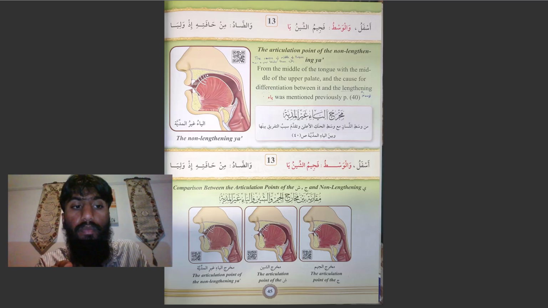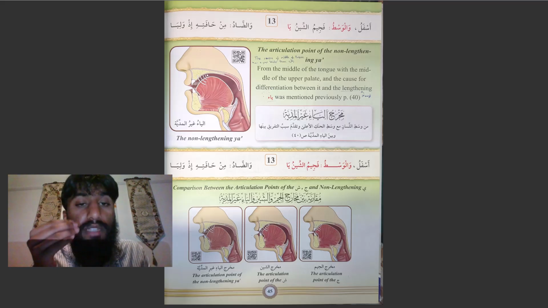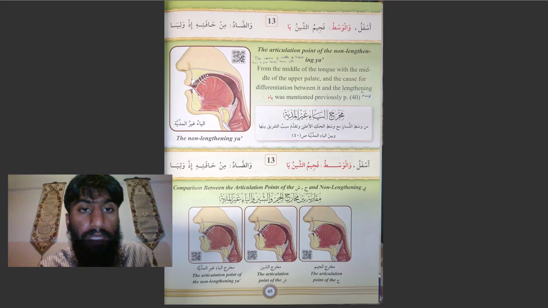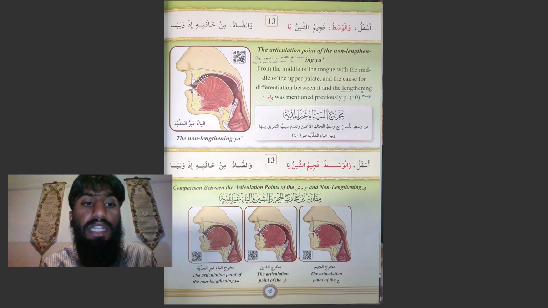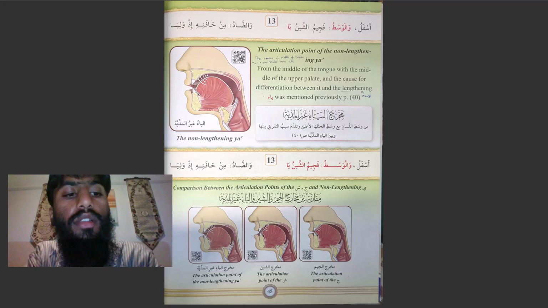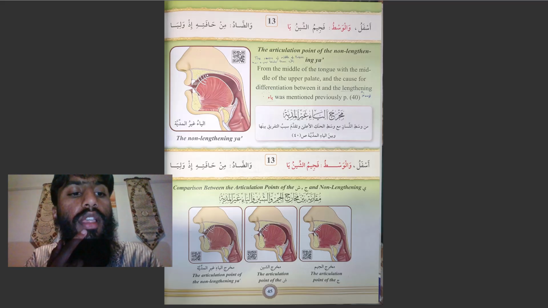Because of this, the jaw is forced to go down because there's no space for it to be there. Because ya needs to be like this shape, okay? So if ya is going to be this shape, it needs to push the jaw down. The jaw needs to go down for it to maintain this shape here. So look at my jaw.